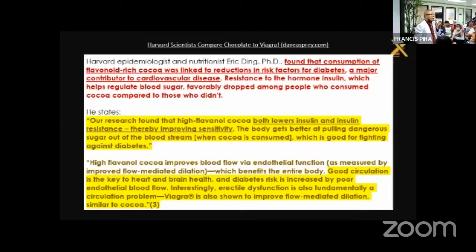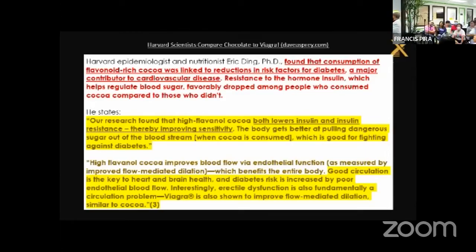So what happened is our Flavonol will now provide the elasticity of the blood vessel, and of course the nitric oxide will provide the dilation of the blood vessel that will allow the blood to flow. So during the flow of the blood, there will be a smooth blood flow because the endothelium of the blood vessel is healthy.